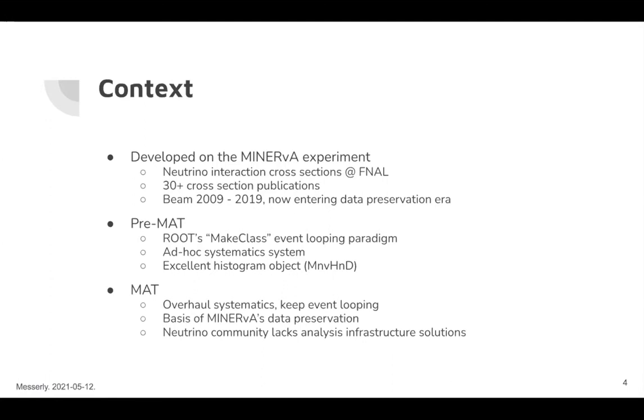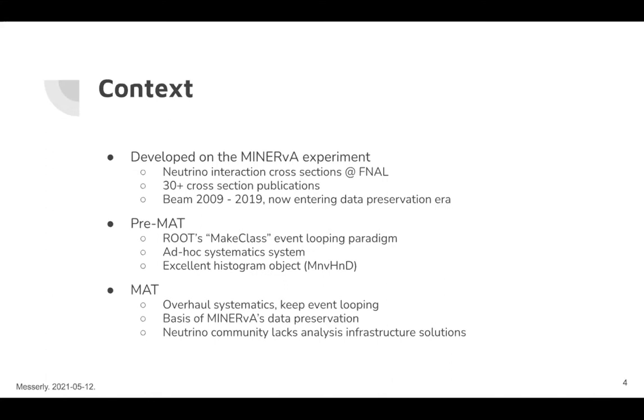this is built on the MINERVA experiment, which measures neutrino cross-sections at Fermilab in the NuMI beamline. We've been about 50 to 100 collaborators steady state for the last more than a decade now. We have 30 plus cross-section publications and still going strong with all the data, which is really great. And it's sort of bridging the gap to when DUNE turns on and starts taking data.